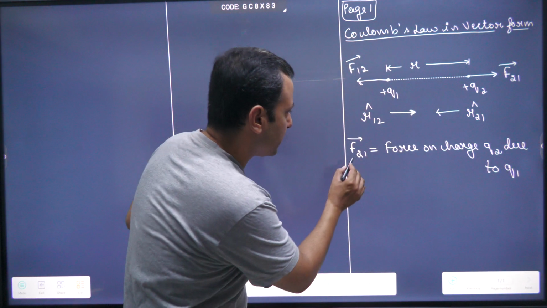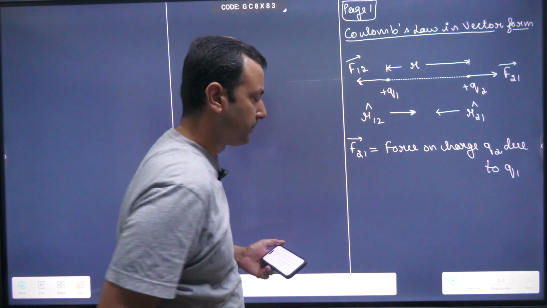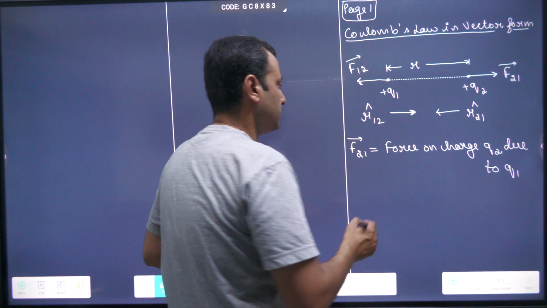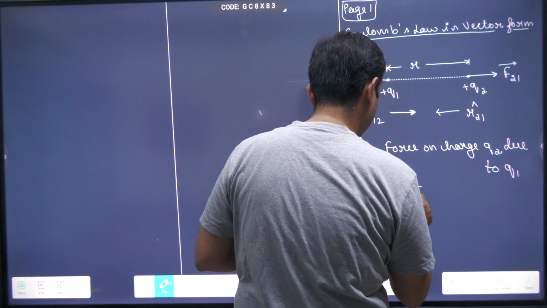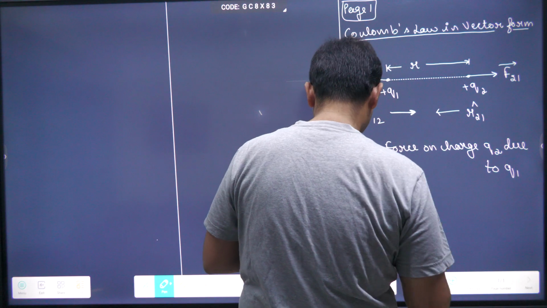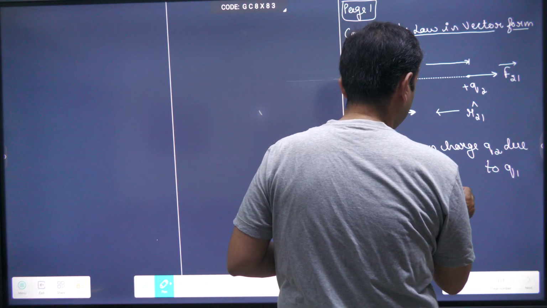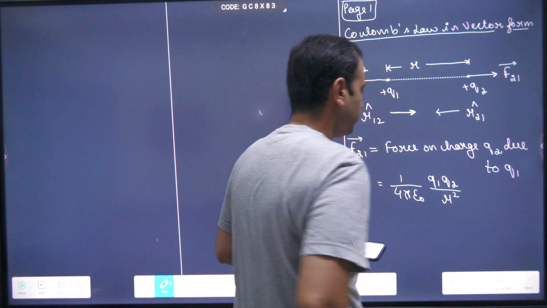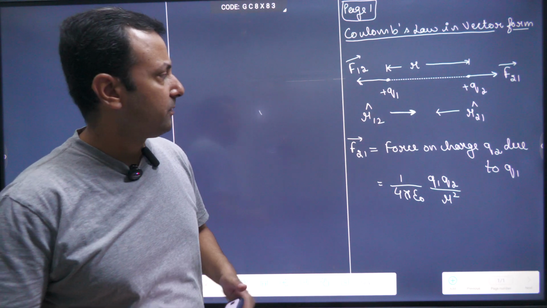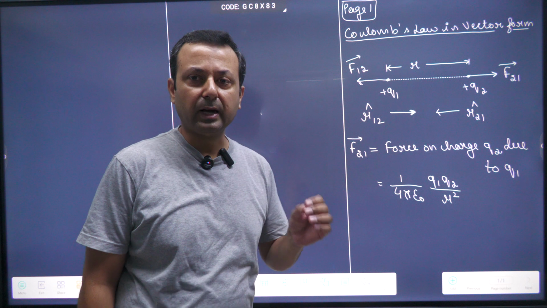Force is experienced on charge 2 and it is due to charge 1. So it is equal to 1 upon 4 pi epsilon naught q1 q2 upon r square. R is the distance between q1 and q2.